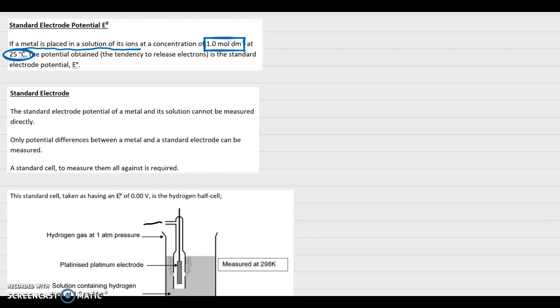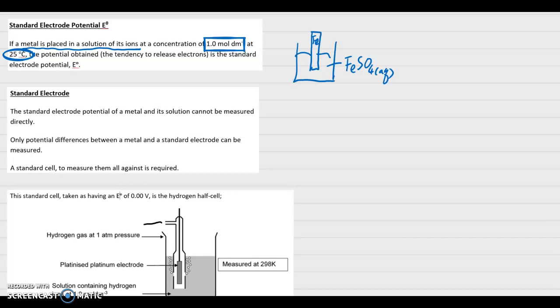For example, if I want to know the standard electrode potential of iron, I have to prepare a piece of iron metal and immerse it into a beaker of iron(II) sulfate solution. This is how we prepare the half cell of iron.